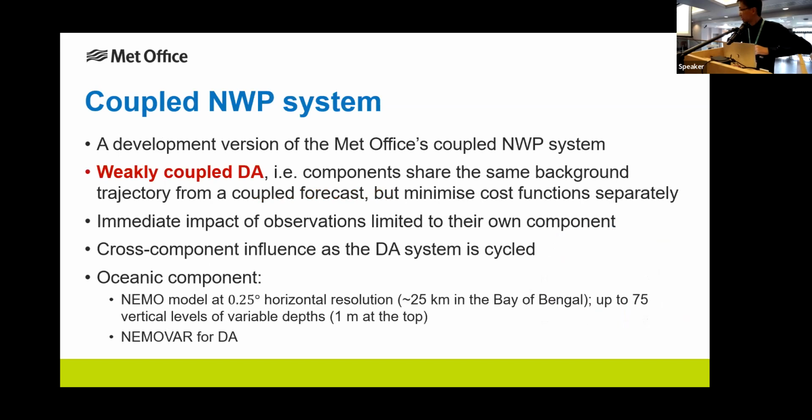So the study will be done first in the ocean, but also later in a coupled numerical weather prediction system. And this is a development version of the Met Office NWP system.